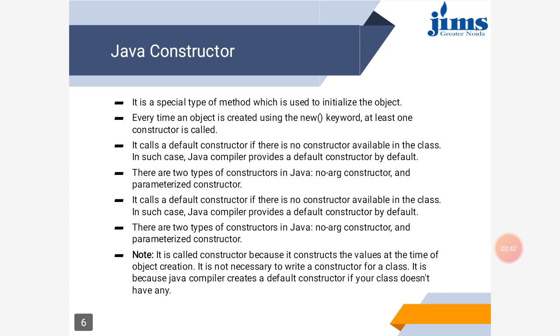So these are some points related to Java constructor. It is a special type of method which is used to initialize the object. Yes, very true. It is like a method, and all the instance variables are initialized using this constructor. Every time an object is created using the new keyword, at least one constructor is called.